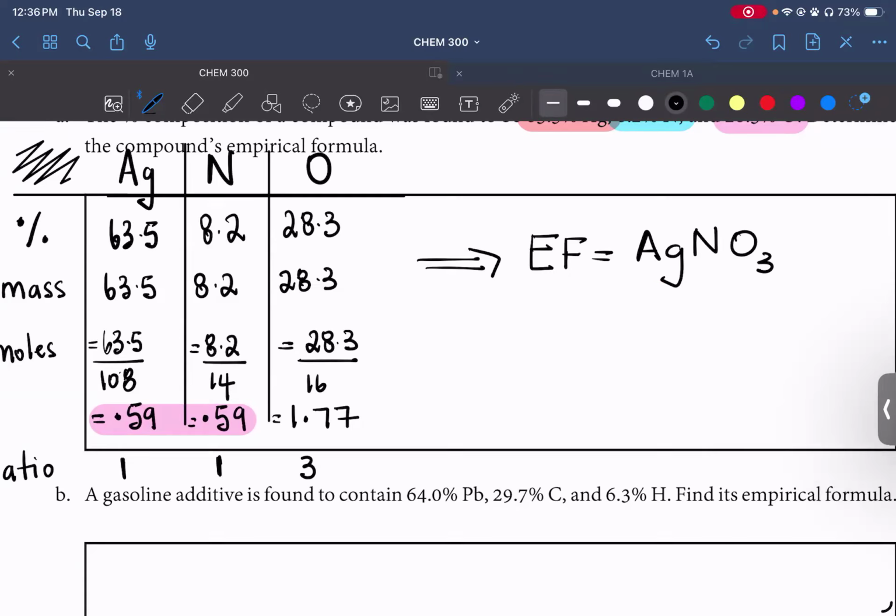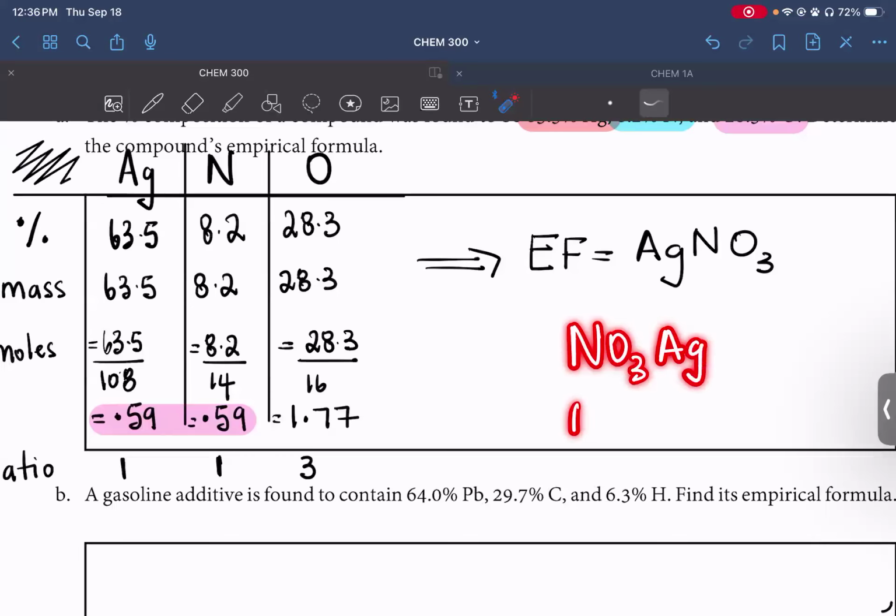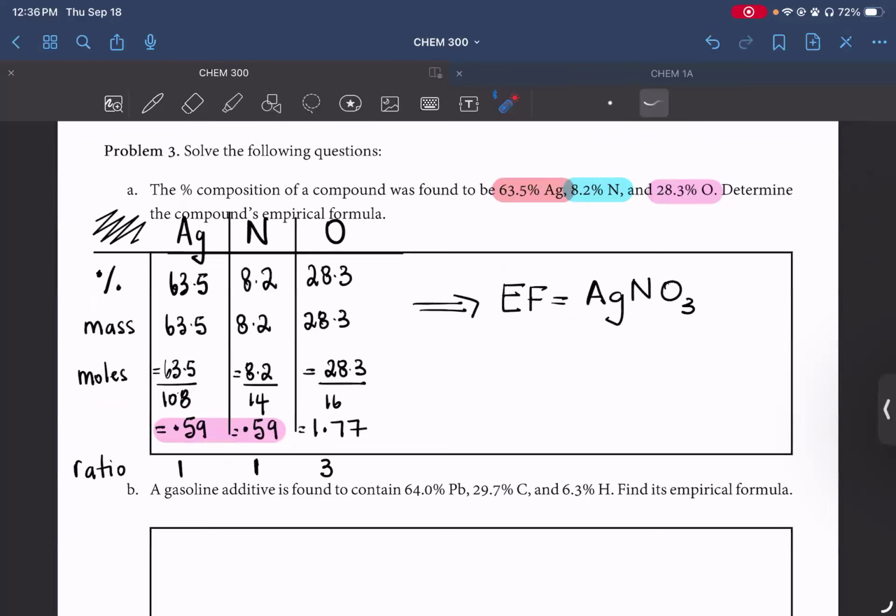Does the silver have to come first? No. You could have written NO3Ag, O3AgN, any order you want. The point of the question is to get the empirical formula. I don't care about the order. Does anyone have any questions on anything we've done so far?